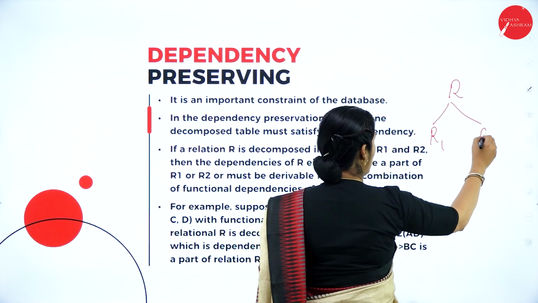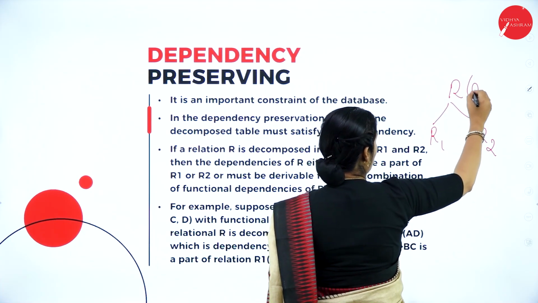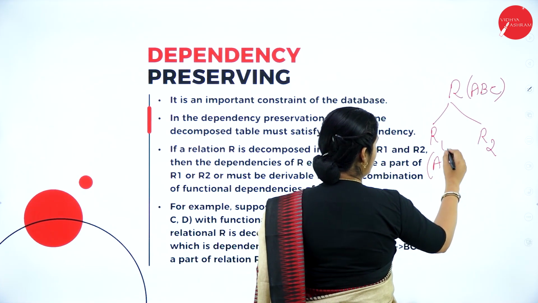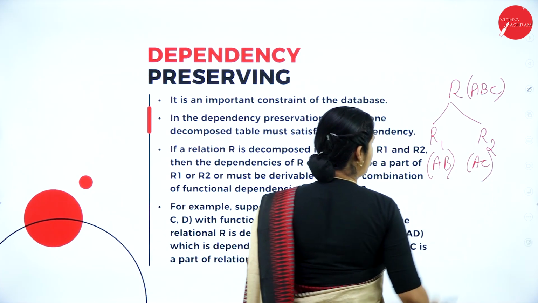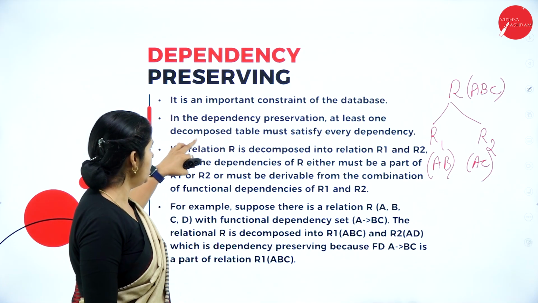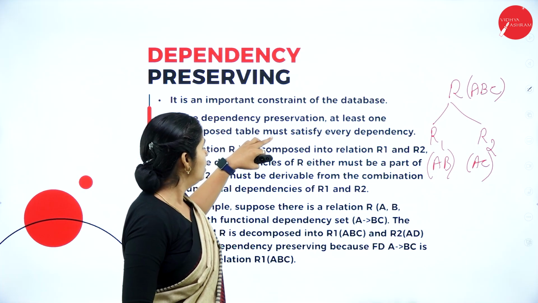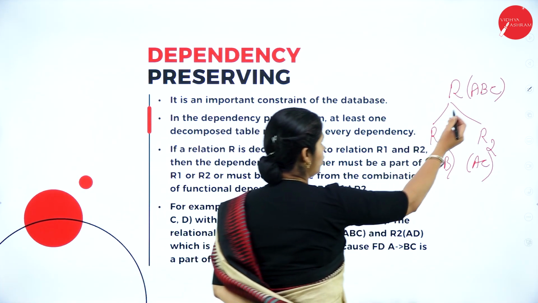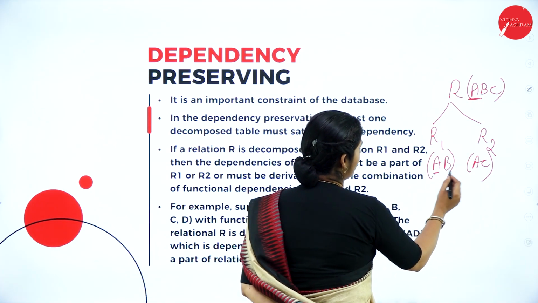R1 and R2. R has how many attributes? A, B and C. R1 has A, B and R2 has A, C. In dependency preservation, at least one decomposed table must satisfy every dependency. Which is the dependent attribute here? This is the dependent attribute.